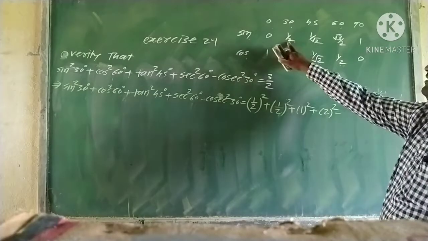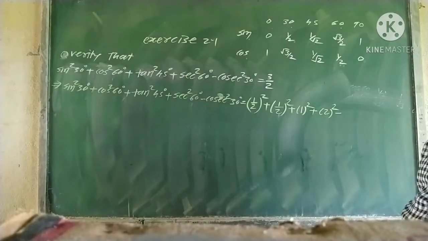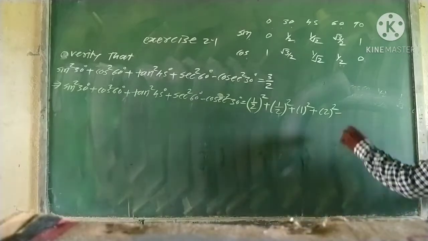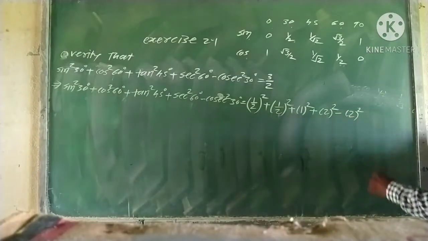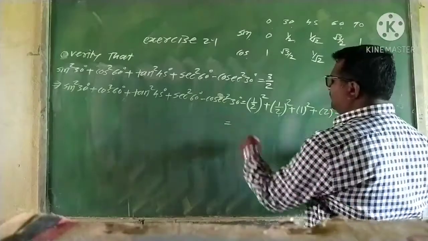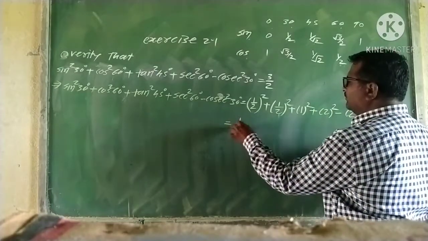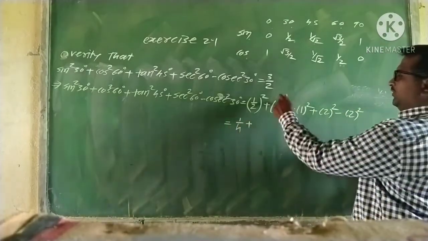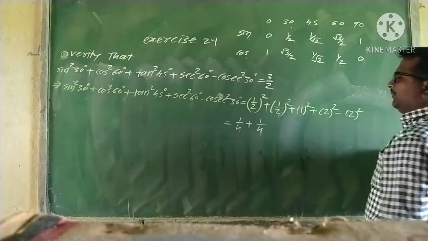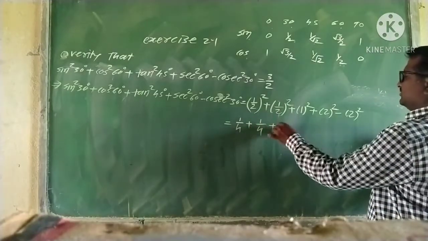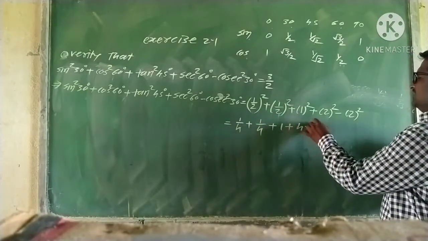Now here sin of 30 is equal to 1 upon 2, and thus it is 2 square. Now here it is equal to 1 upon 4 plus 1 plus 4 minus 4.